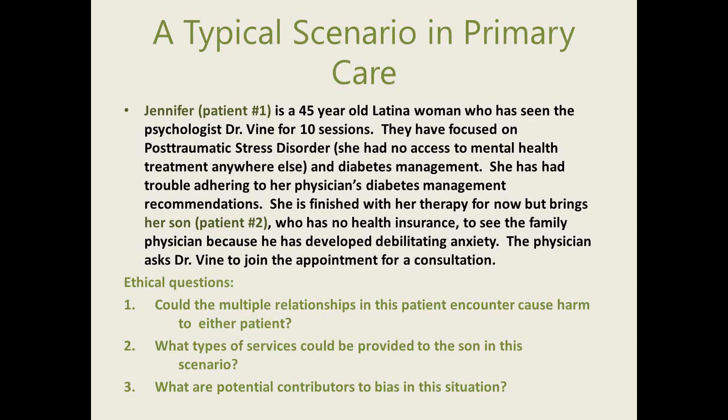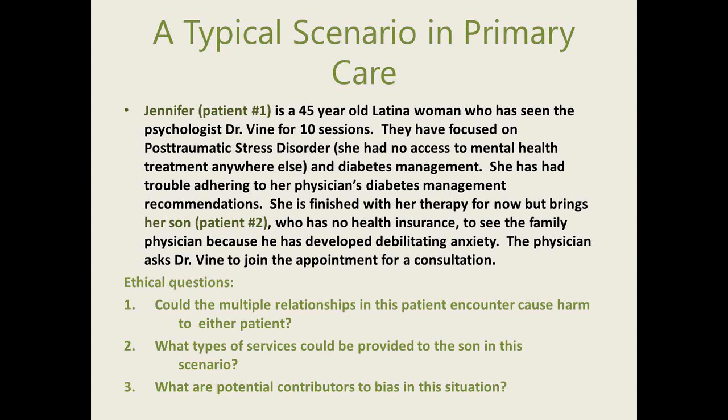Okay, so this is a scenario that is pretty typical for primary care. We'll read it to you and set the stage for what we're going to talk about today. Jennifer, who will be referred to as patient 1, is a 45-year-old Latino woman who has seen the psychologist Dr. Vine for 10 sessions.